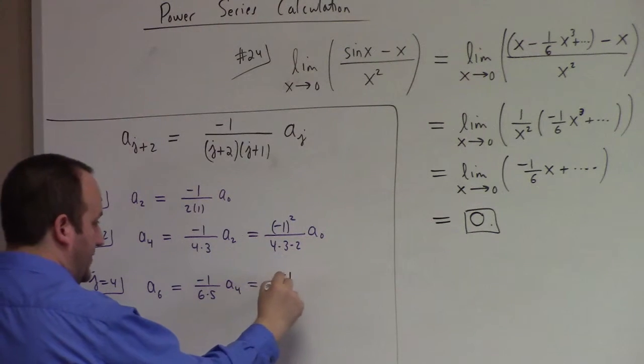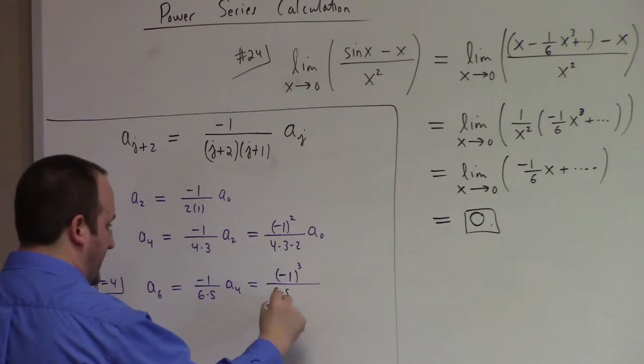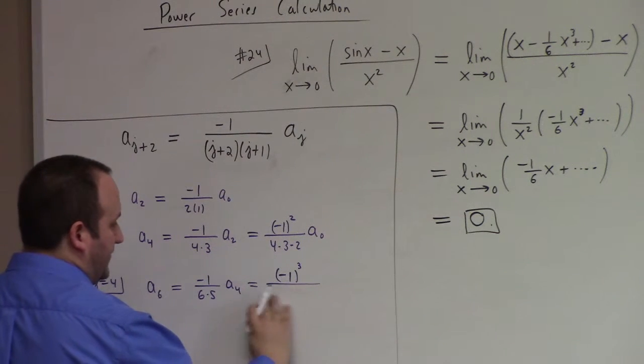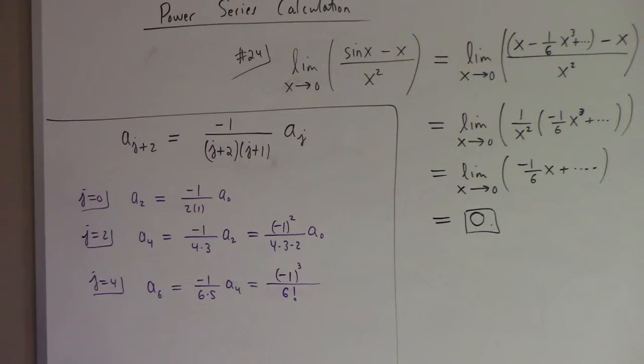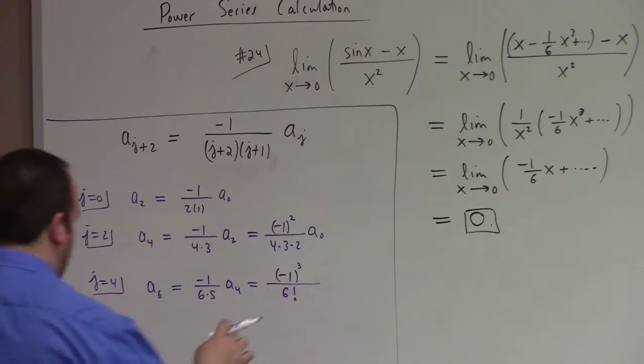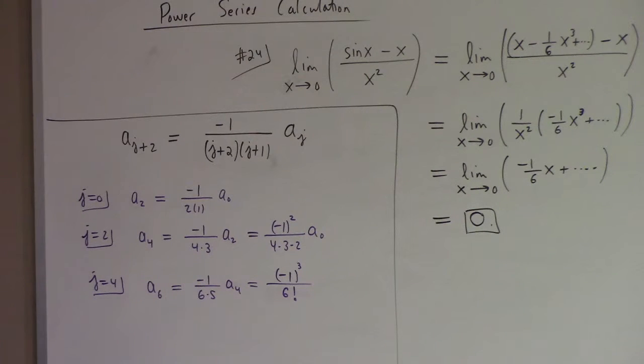I get minus 1 cubed over 6 times 5 times, well, come on, it's 6 factorial, right? You see what happens with a sub 8? Do I need to write down a sub 8, or can you already see the pattern? What's a sub 8 going to be?